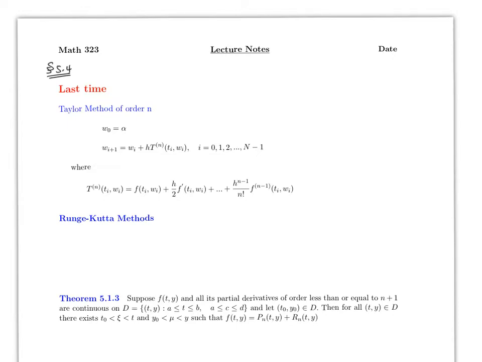Now remember one of the main advantages of this method, and this is why we did it last time, is that they have a high order local truncation error. So this is the reason why these methods are good.